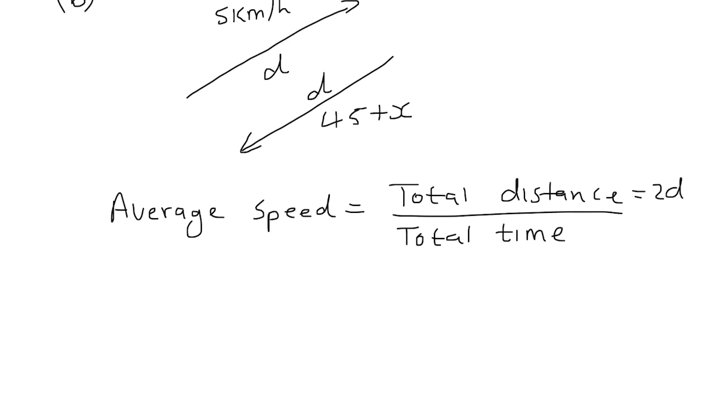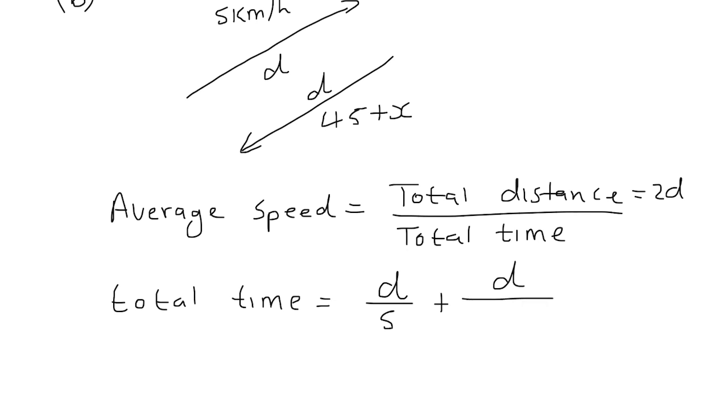Now, because the length hasn't changed, let's simplify the total time. So for total time, still going up the hill is still d over 5, but now going down the hill, it will be d divided by 45 plus some certain x, which Fred wants to increase his speed by.